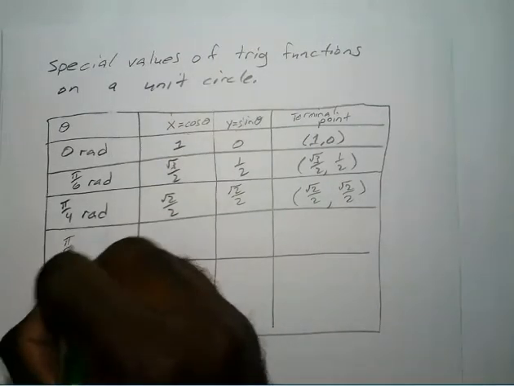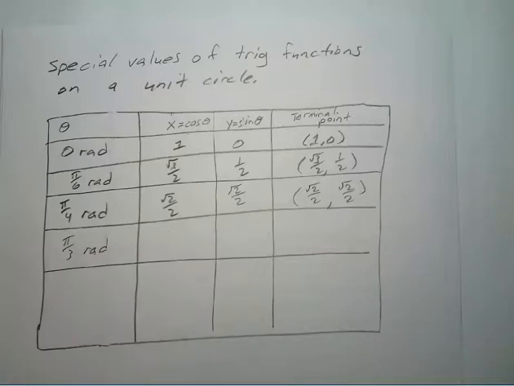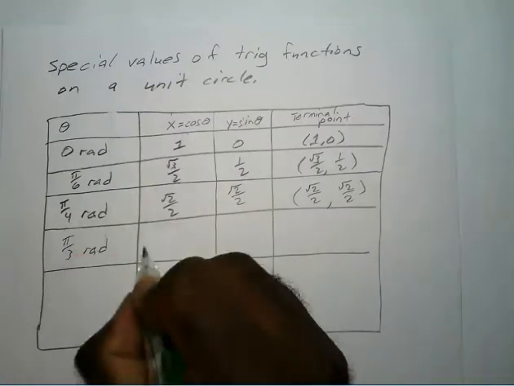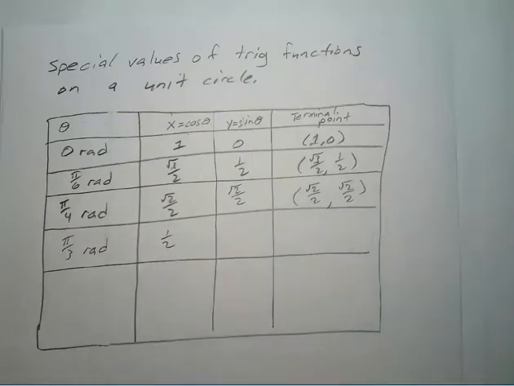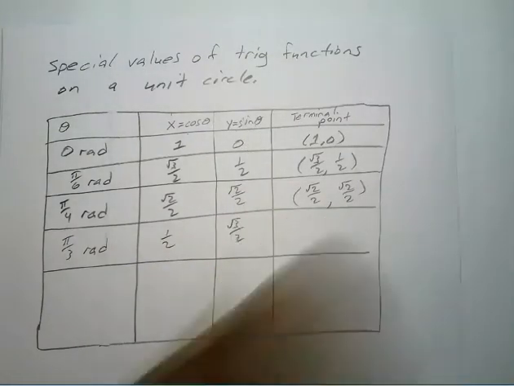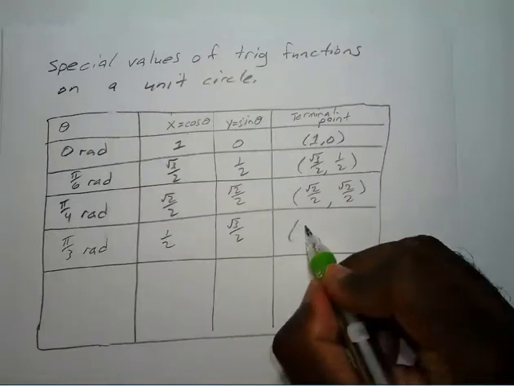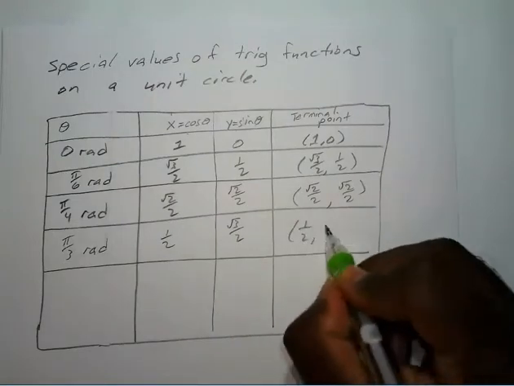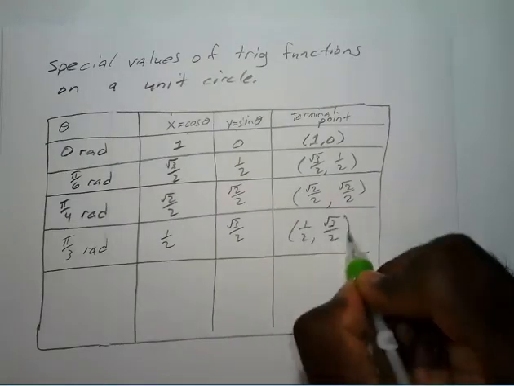Pi over 3 radians, cosine of pi over 3 is 1/2, and sine of pi over 3 is square root of 3 over 2, leaving you the terminal point 1/2, square root of 3 over 2.